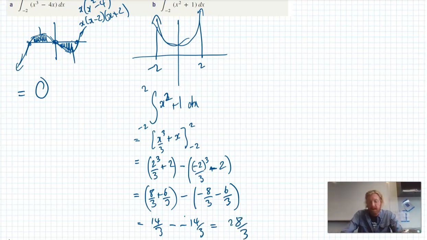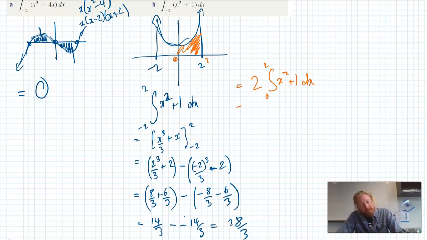Now, I could have done this the quick way, or just a safer way, I guess. I'm going to say that that is two lots of 0 to 2, x squared plus 1 dx. 2 lots of x cubed on 3.